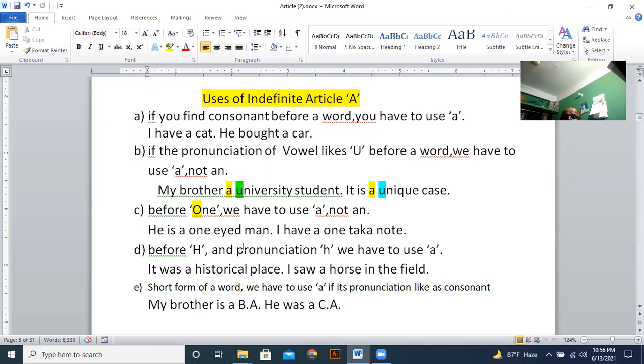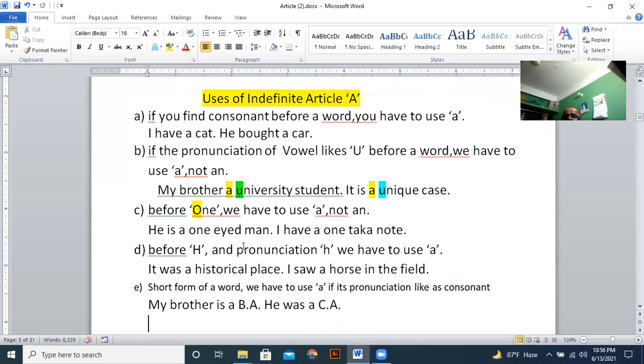I saw a horse in the field. Same with short forms of words, we have to use a if the pronunciation is like a consonant. My brother is a BA. Here B is a consonant at first, so we have to use a, not an.